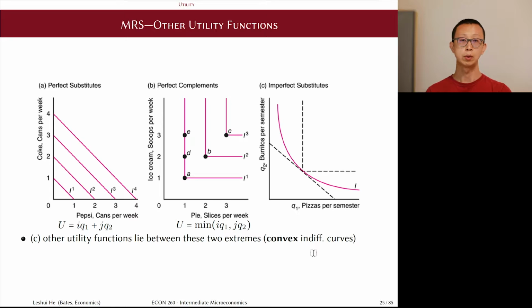So in general, we can think of perfect substitutes and perfect complements as extreme versions of general utility functions, and think of the indifference curves coming from more common utility functions as a spectrum that lies between these two extremes while sharing some properties of both.